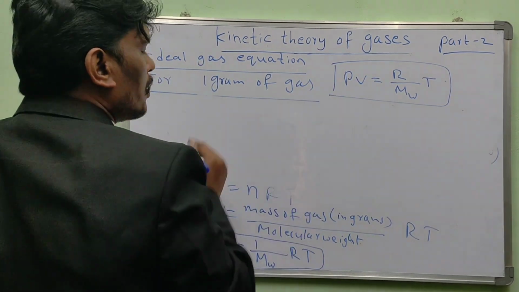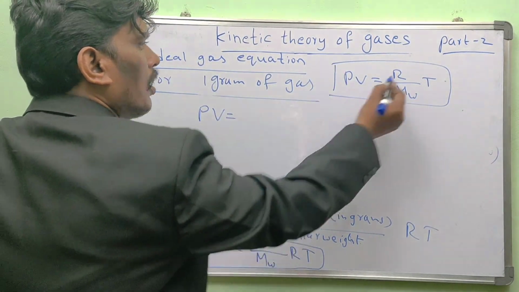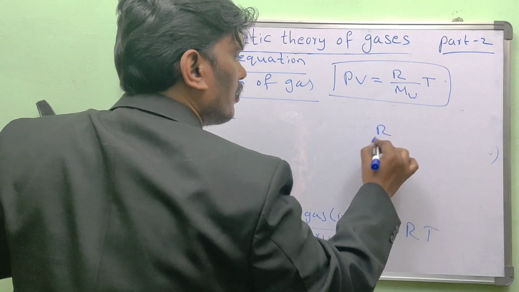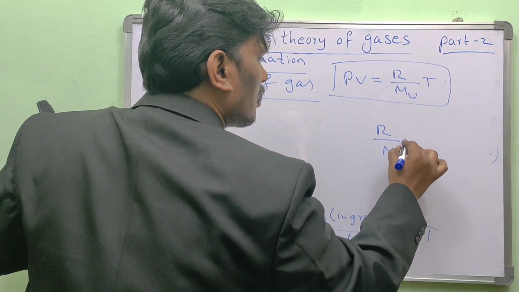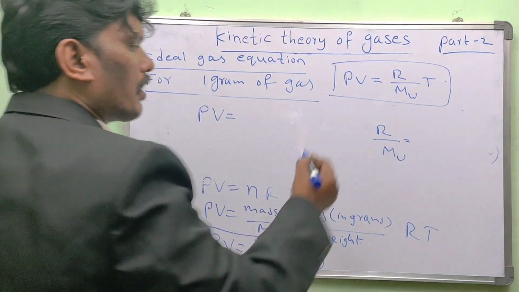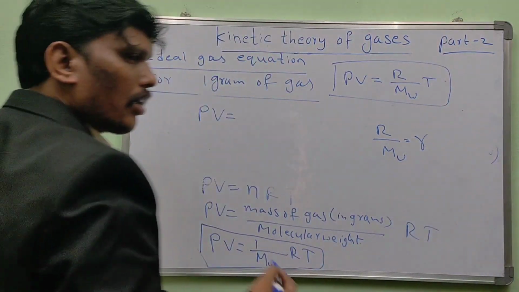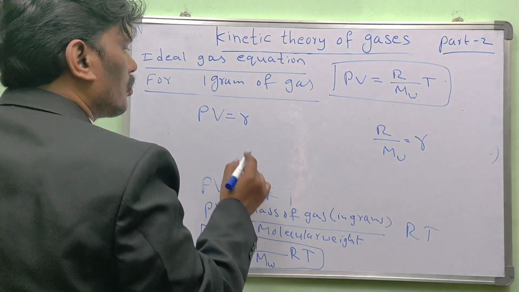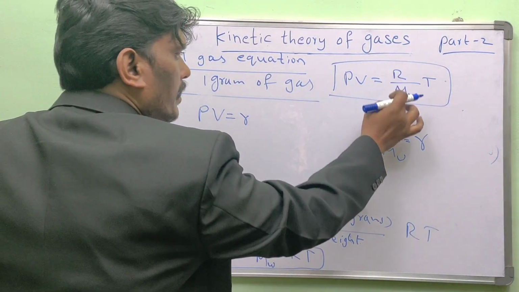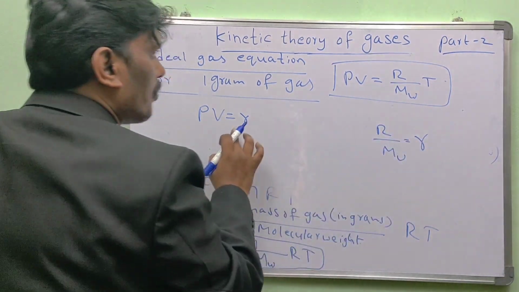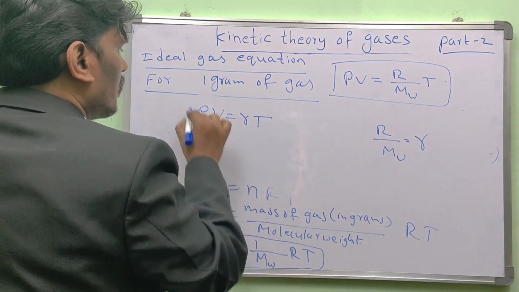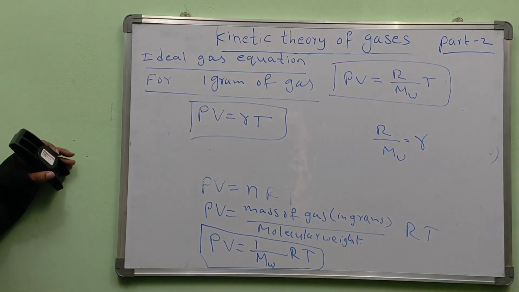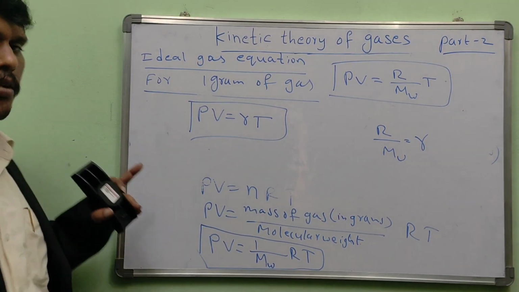PV is equal to R by molecular weight, which we represent with a small r, so r is R by molecular weight, into T. So this is the ideal gas equation for 1 gram of a gas.